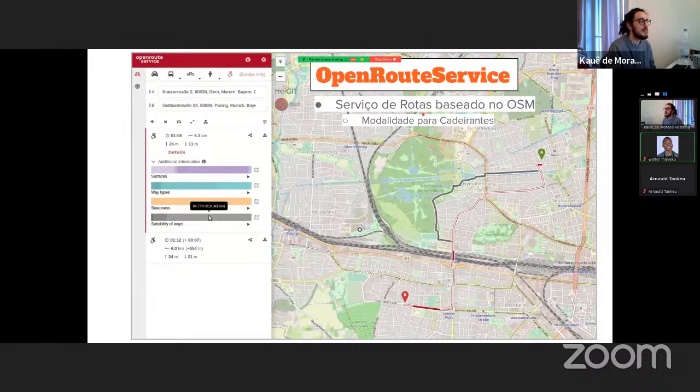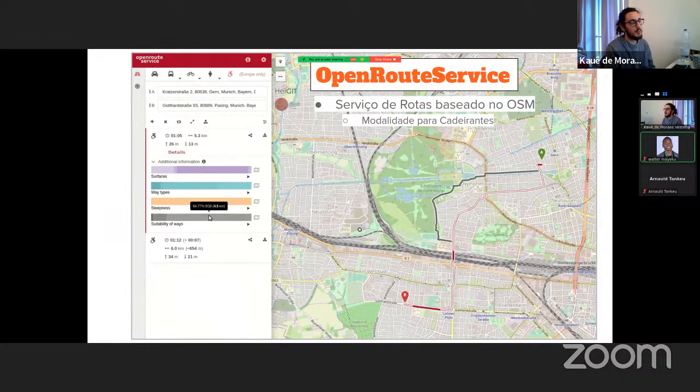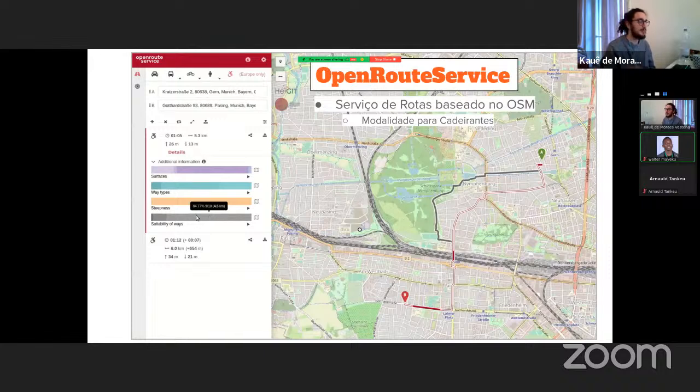We also have the modality on OpenRouteService for wheelchair displacement, where we get a score of accessibility for each part of the pathway.